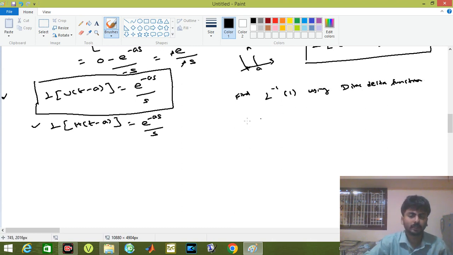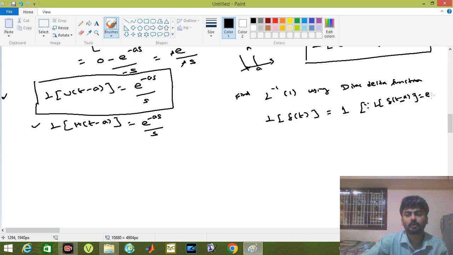How to find it? We know that L of delta of t equal to 1, since L of delta of t minus a equals e power of minus as.